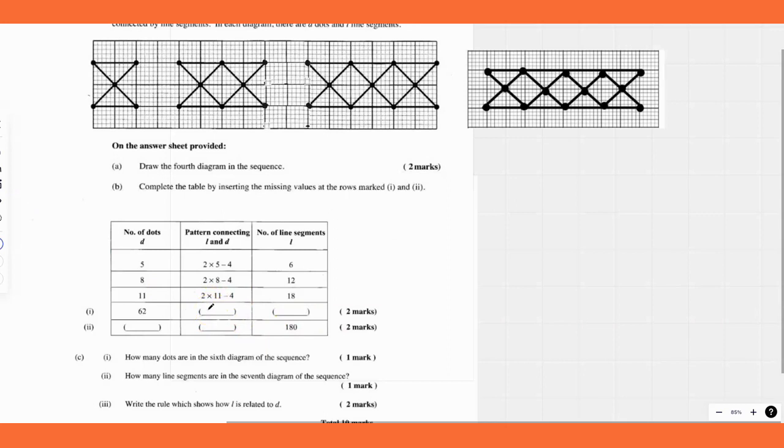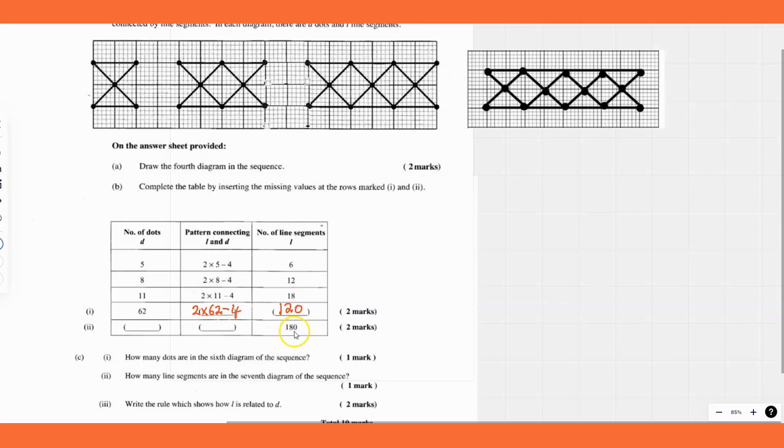We should have 2 times 62 minus 4. So that would be 124 minus 4. That's 120.